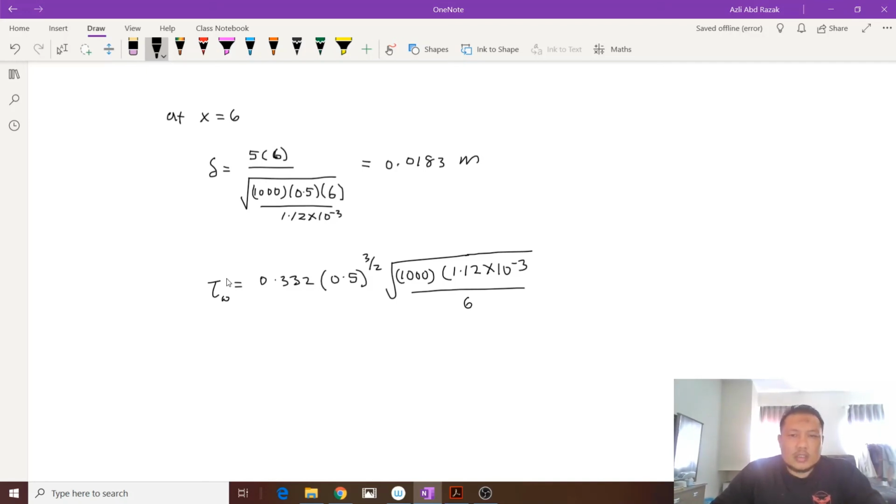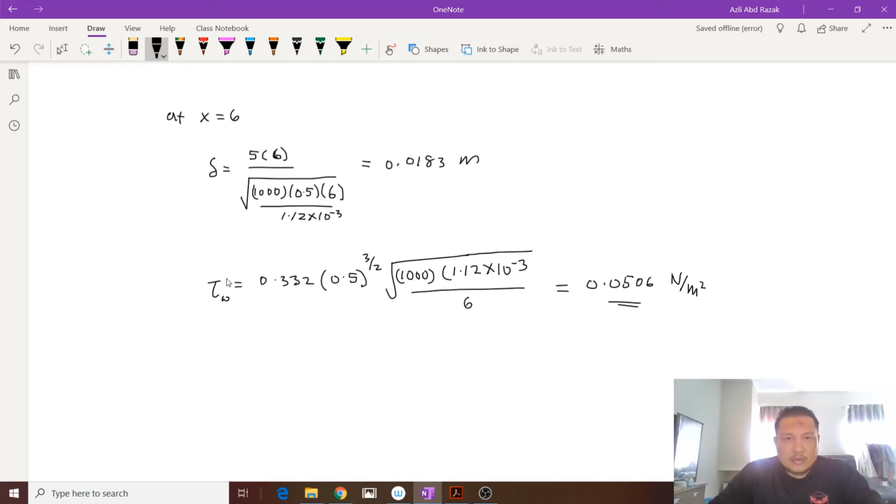In this case, the value for the tau at the trailing edge is equal to 0.0506 Newton per meter square.